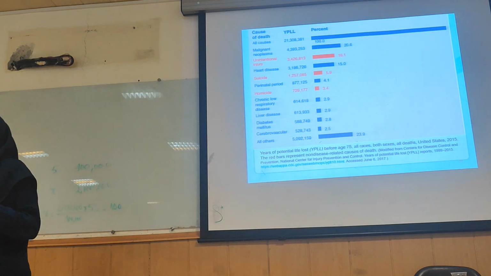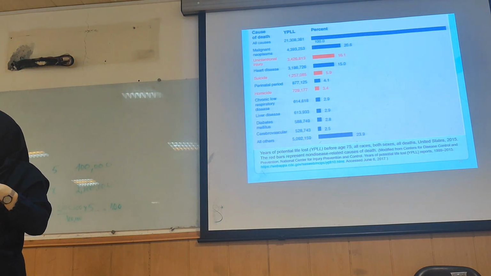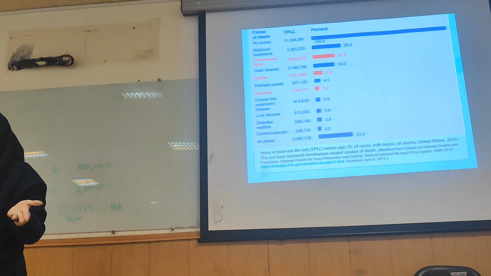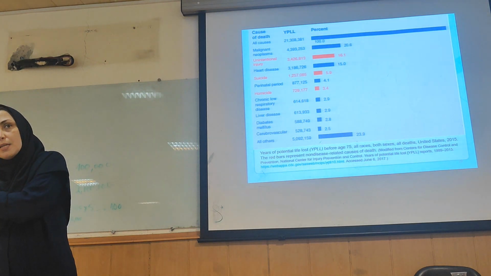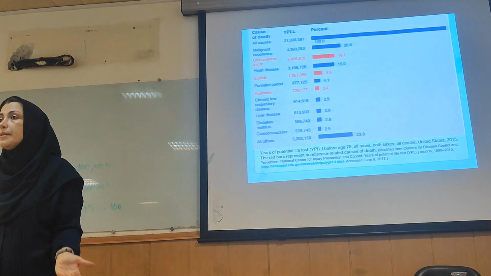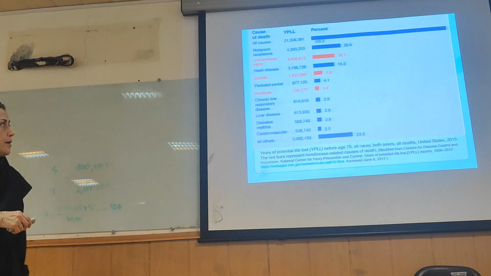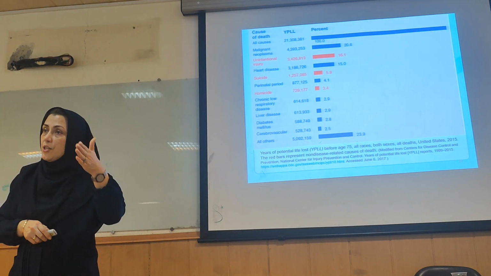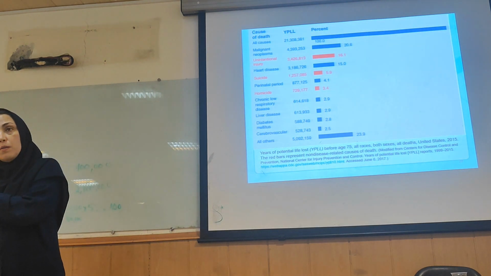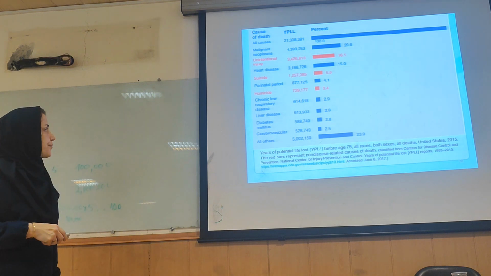The total number of 1,000 deaths at age 85 is not comparable with 1,000 deaths at age, for example, 30. Using this approach, you can consider age at death and also number of deaths.